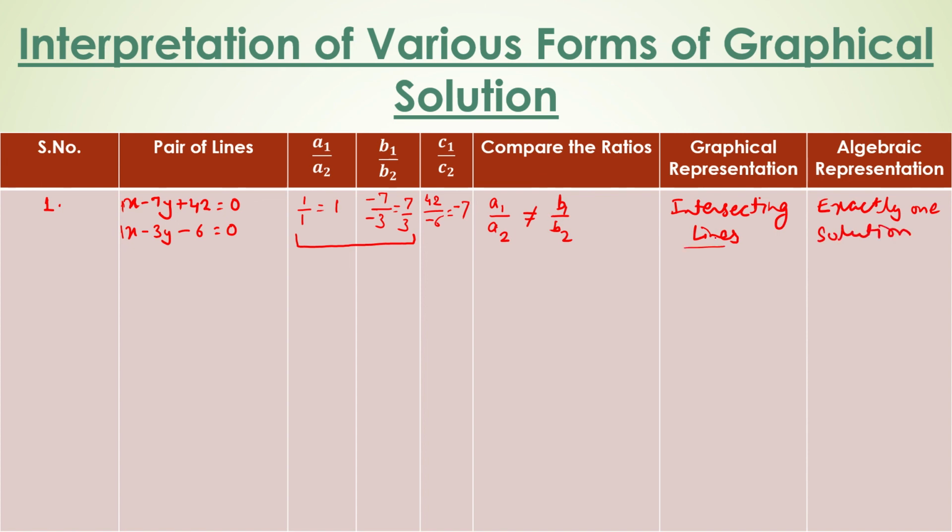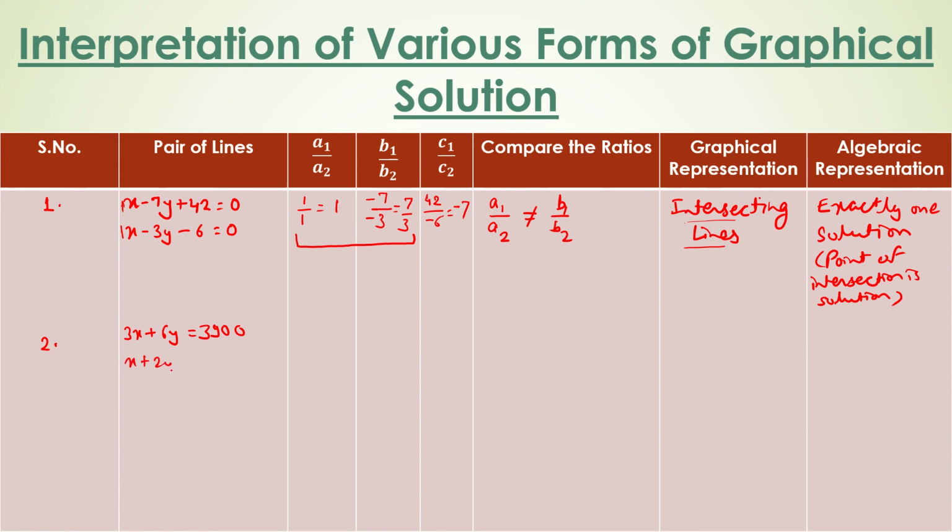Since the lines were intersecting at a particular point, the point of intersection is the solution.